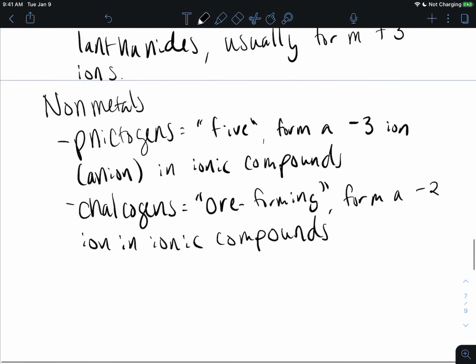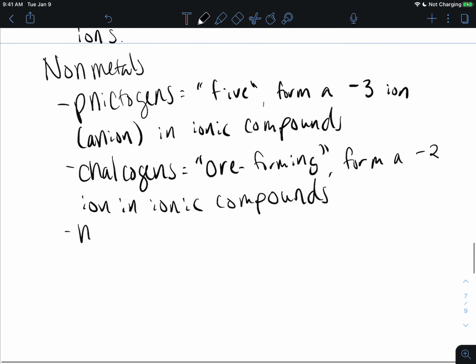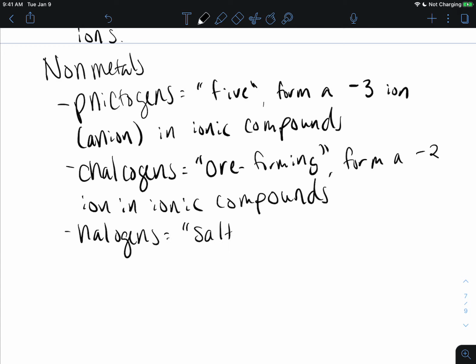Okay. Next are our halogens. Halogen means salt forming. And they're going to form -1 ion in ionic compounds.